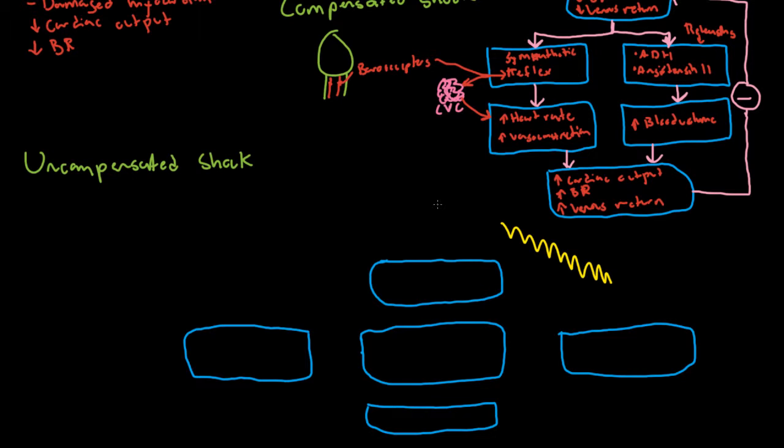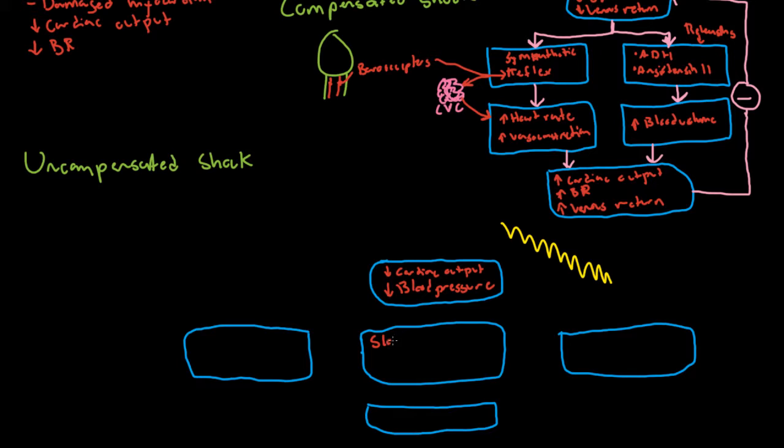So, first of all, we'll start with what happens during shock, just like we did for this diagram right up here. So we know we have a decrease in cardiac output, as well as a decrease in blood pressure. So these two things are decreased, and because of a low blood pressure and the heart rate being slower, we actually have a slow capillary flow.